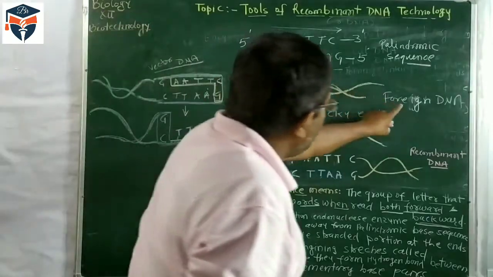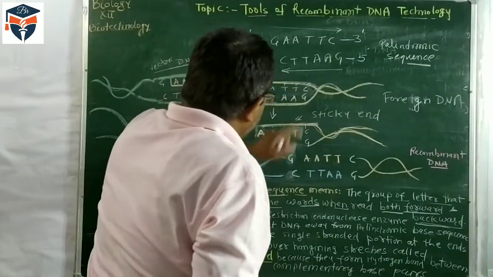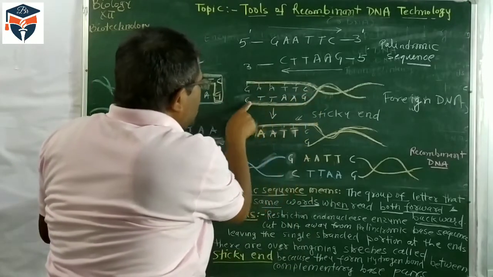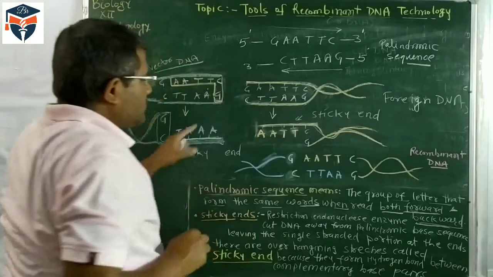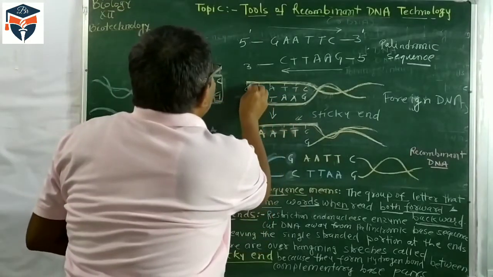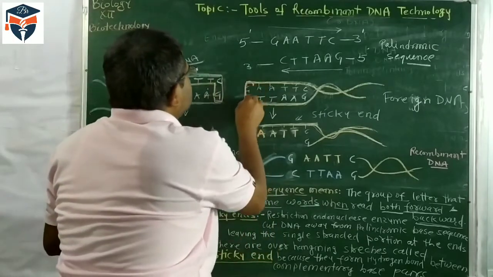Similarly, in the foreign DNA, when C and G is cut, it means up to AATT, G and C is cut.